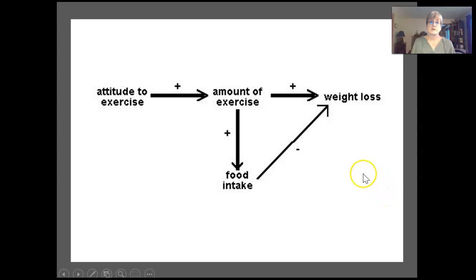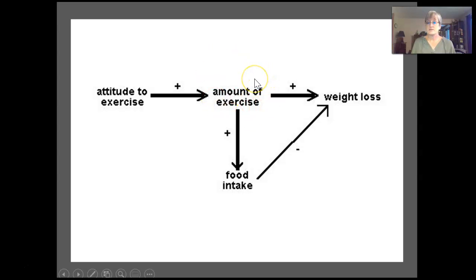So for example, here, and again, I found this on Google Images, you have attitudes towards exercise. Like, I have very positive attitudes towards exercise. In general, you could find that there's a positive correlation between how positively you view exercise and how much you actually exercise.